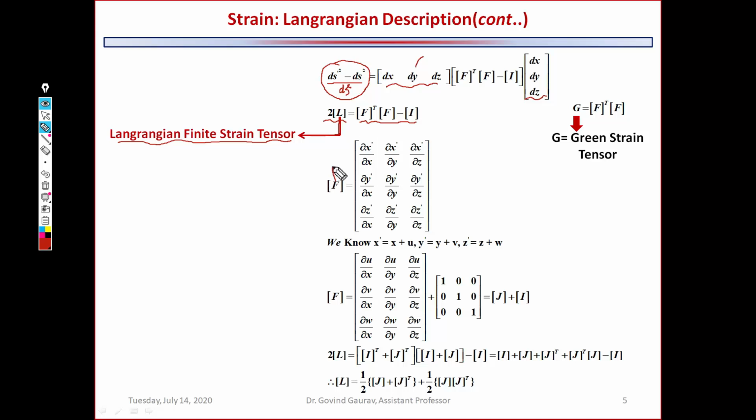The F matrix is in terms of the deformed configurations. So this F is dx dash/dx, dx dash/dy, dx dash/dz, dy dash/dx, dy dash/dy, dy dash/dz, dz dash/dx, dz dash/dy, dz dash/dz, the partial derivatives of x dash, y dash, z dash with respect to x, y, z.